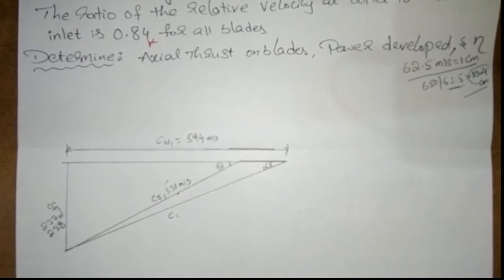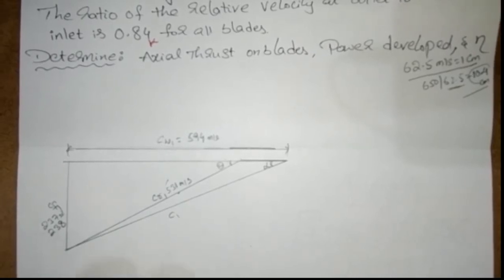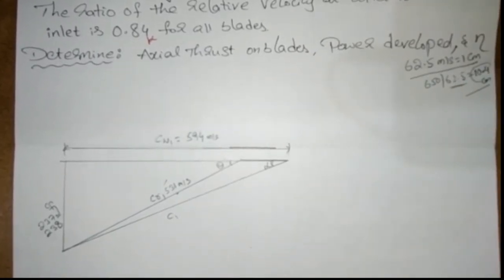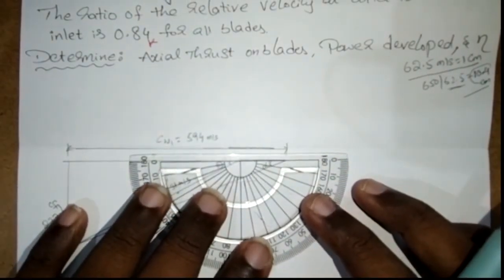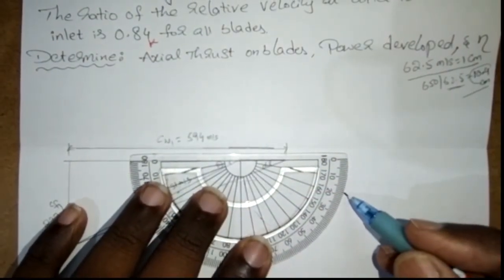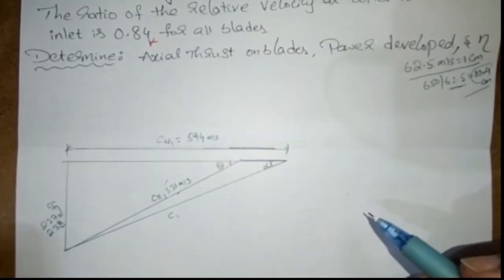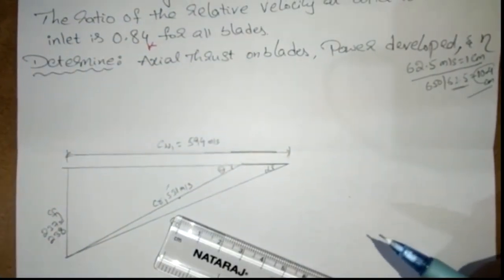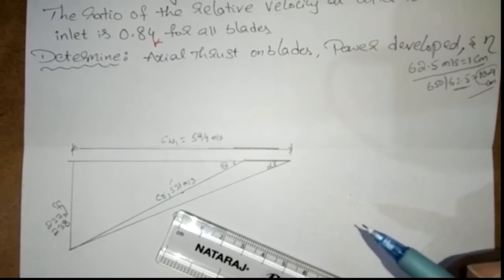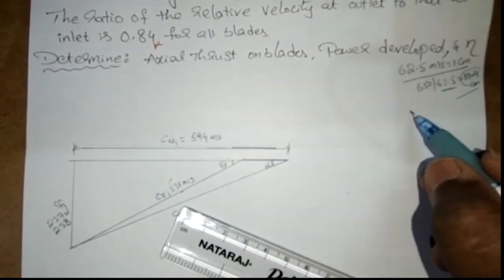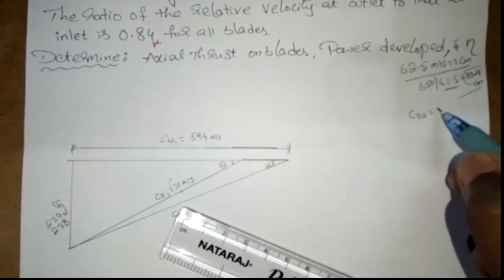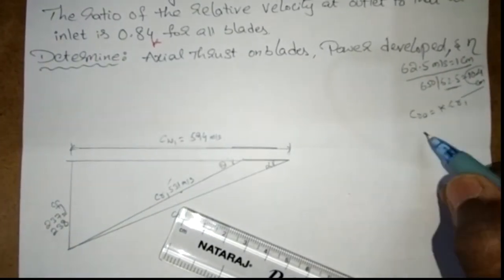For construction of the outlet velocity, we have phi, the outlet angle of the first row of moving blade, which is 18 degrees. Then what is the magnitude of the relative velocity here? We have the k factor. CR0 is equal to k into CR1.